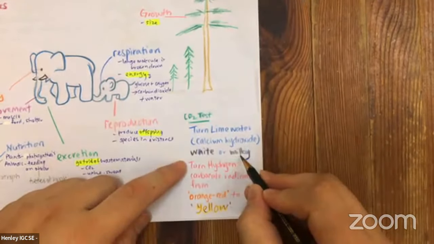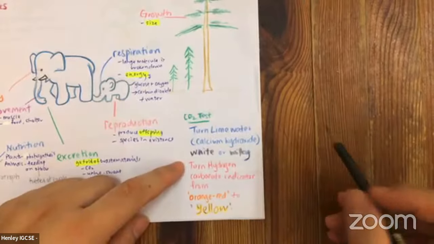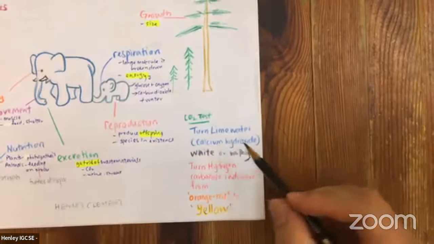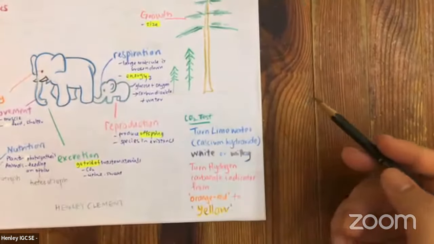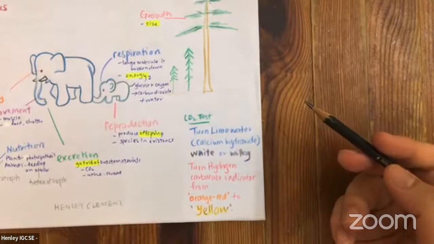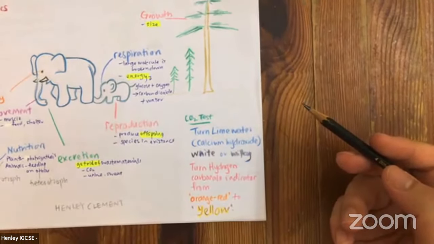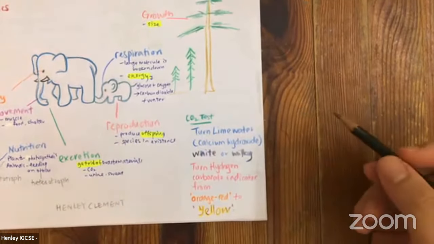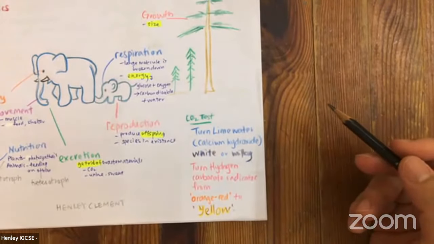You may just type lime water CO2 test into YouTube and see the test by yourself. You just breathe out your air, which contains a lot of carbon dioxide, into the clear lime water, and the lime water will turn milky white.